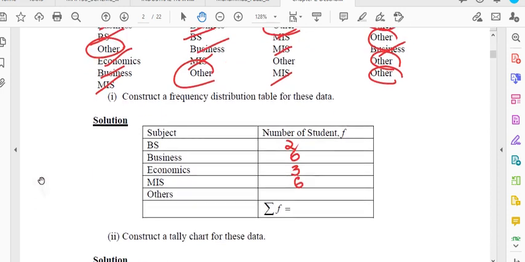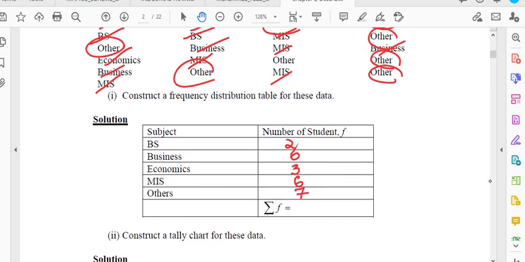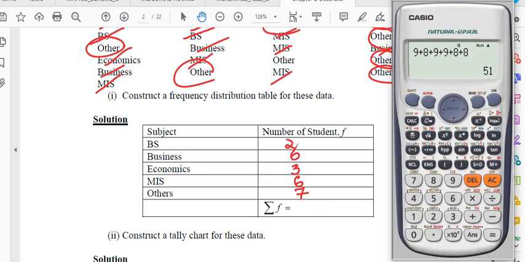So your total should be 25. If your answer is more or less than 25, you have made some careless mistake in between. So 2 add 6, add 3, add 6, add 7.